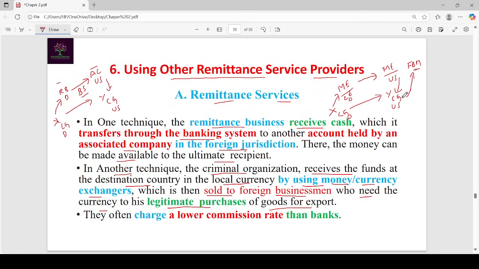So, Y criminal group sells the foreign currency to the foreign businessman who needs that currency for his genuine business. So, in these two approaches, remittance services charge a lower commission rate than banks. So, that's why this method attracts money launderers, criminals or terrorists.